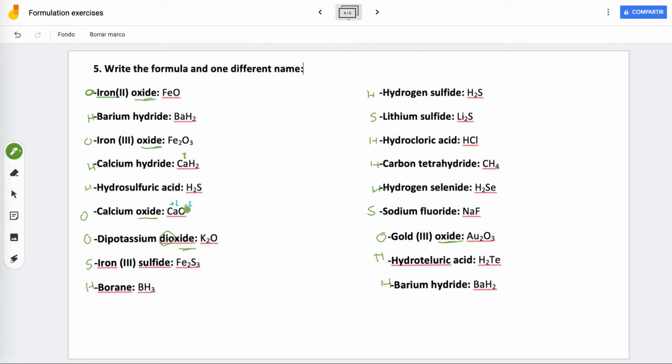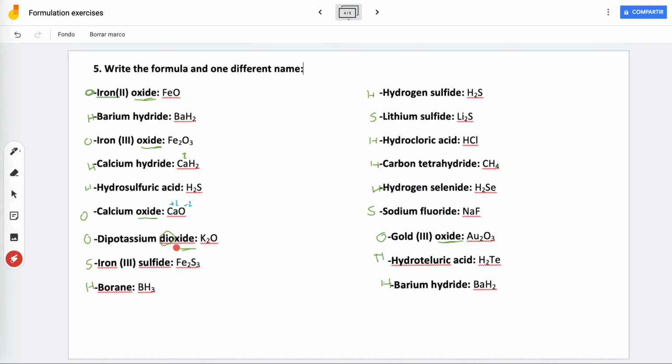Calcium in this case 2 and oxygen 2 is the same example as this one, 2 and 2. Then we divided 2 and 2 by 2, we get 1, and 1 we don't write it. Okay, good. The potassium dioxide, I had a mistake because it's possible to have this substance, the potassium dioxide, but we don't call it dioxide, we call it peroxide.